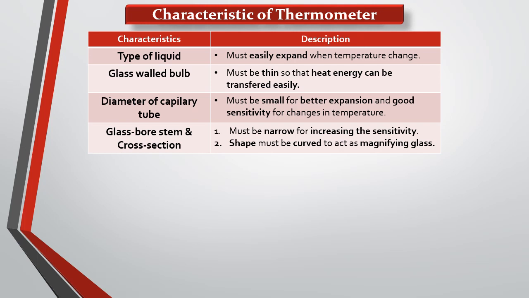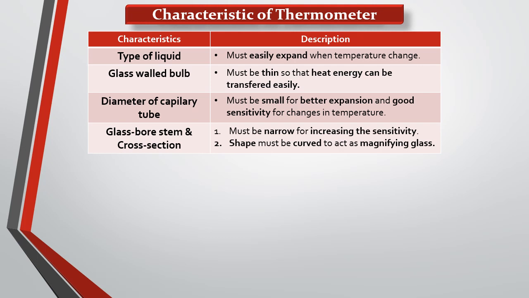The second one is the glass wall of the bulb. It must be thin so that heat energy can be transferred easily. If we choose a thicker one, heat energy takes time to transfer from the object to the thermometer. The third one is the diameter of the capillary tube.